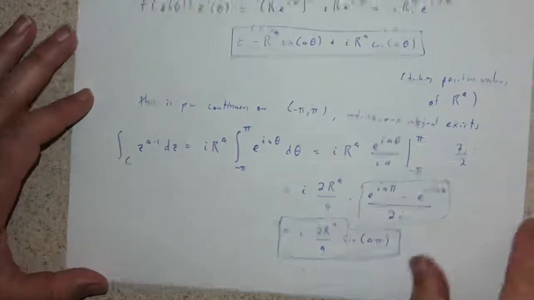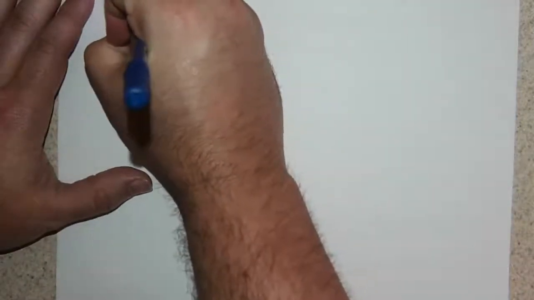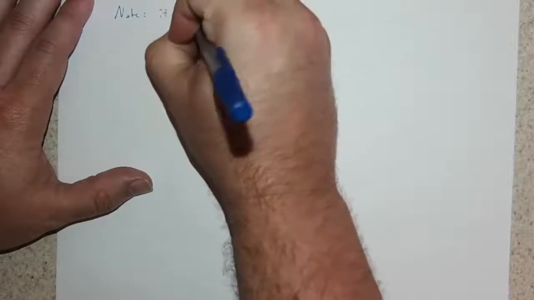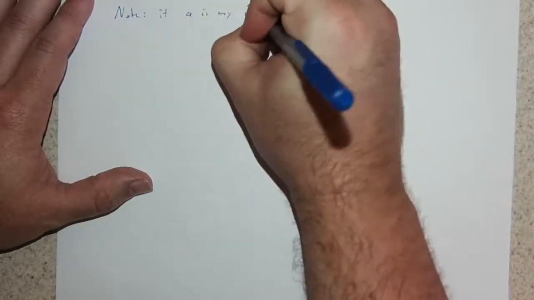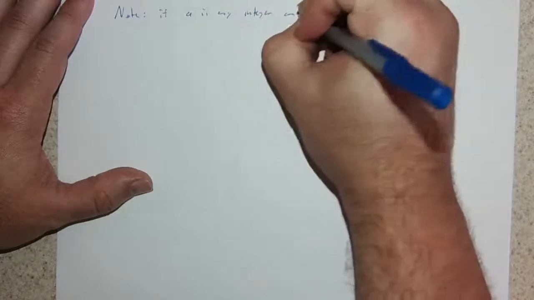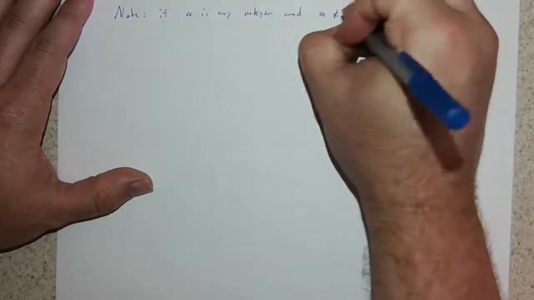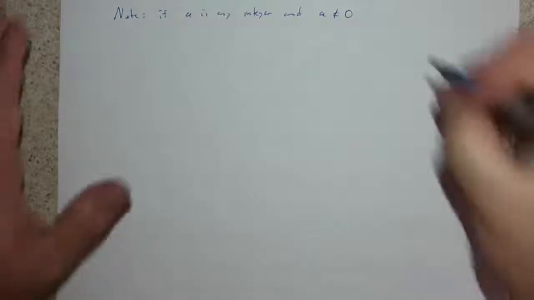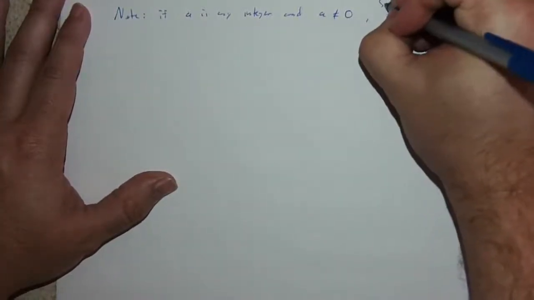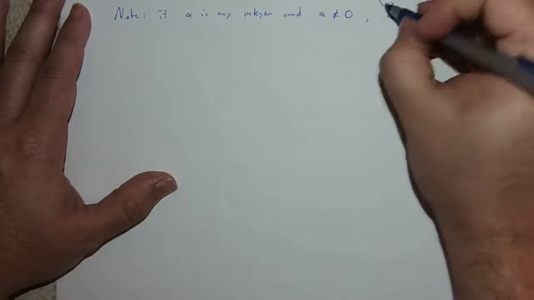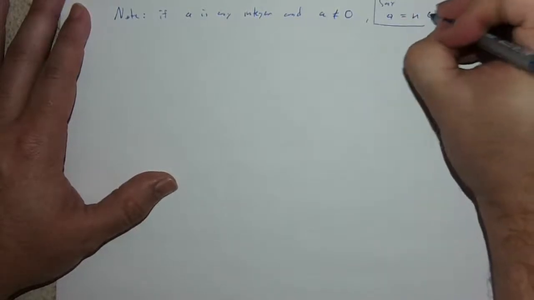Note, if a is any integer and a is non-zero, then we'll write a is equal to n, some non-zero integer.